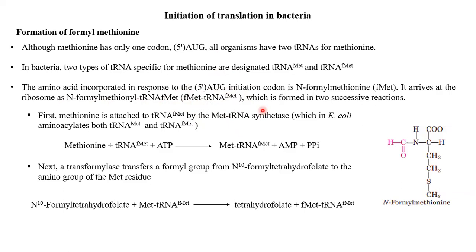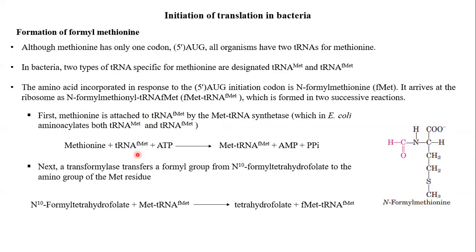This reaction takes place in 2 steps. First, the methionine gets attached to the transfer RNA fMet. This is the amino acylation step where the Met tRNA synthetase enzyme attaches methionine to the transfer RNA fMet. Though there are 2 transfer RNAs, the enzyme is the same.